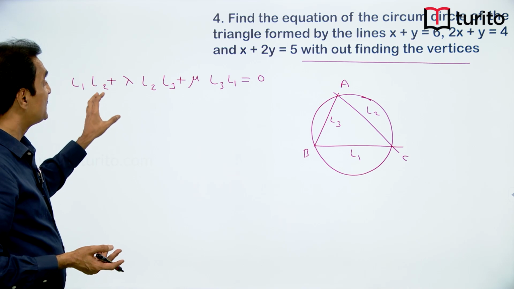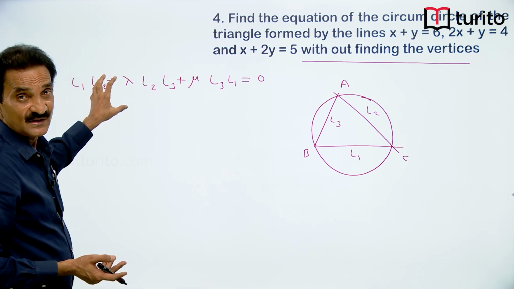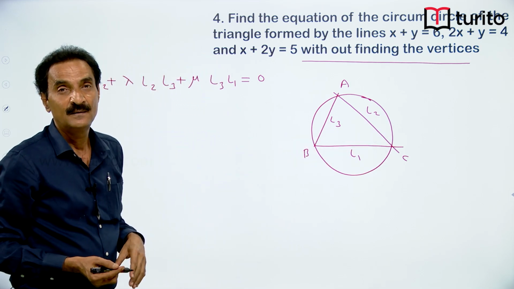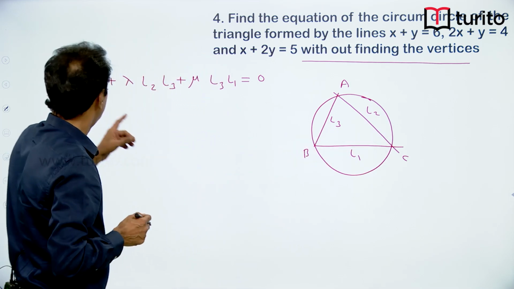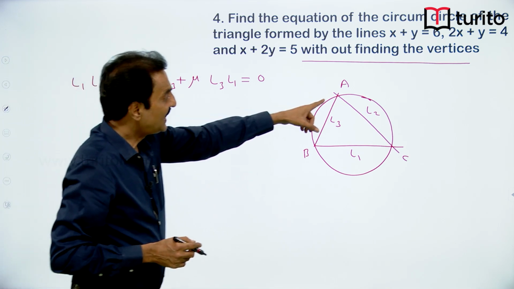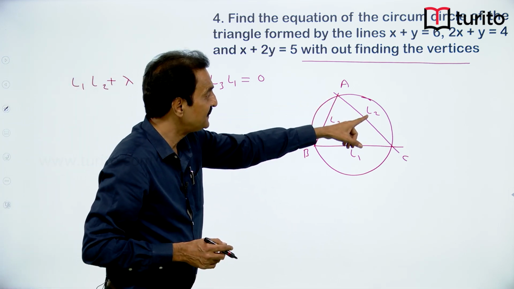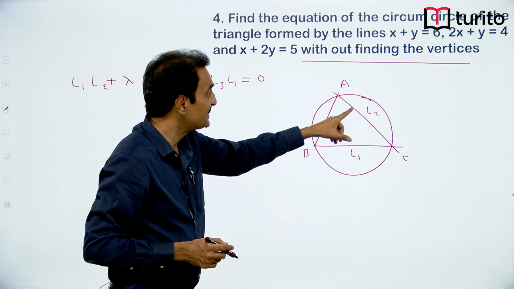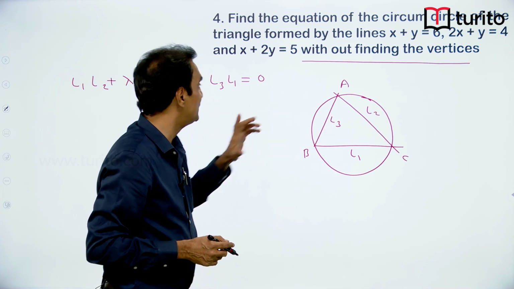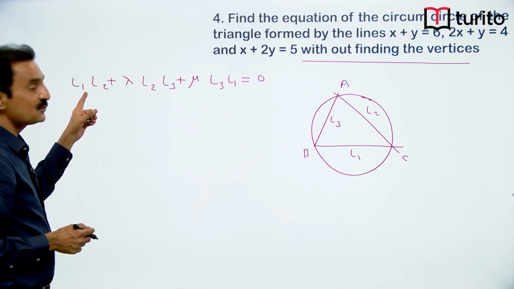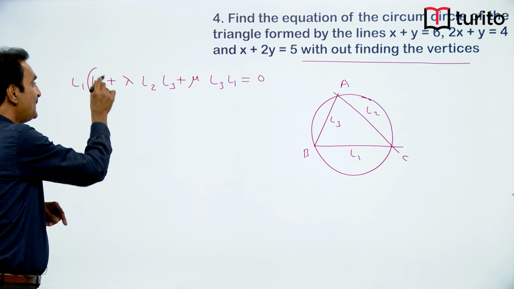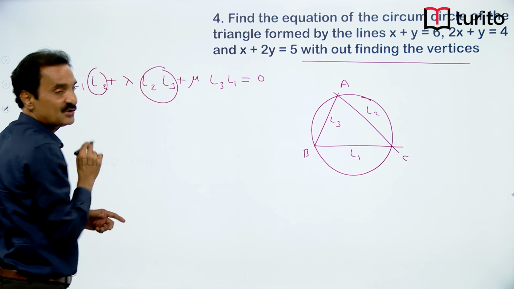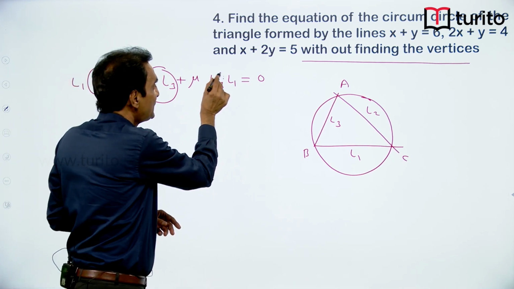But we can say that this curve, whatever it is, definitely passes through all 3 points. How can you say? First, A is the point of intersection of L2 and L3. Now, A satisfies L2 and L3. So, if we substitute A, this L2 will be 0, so the first term is 0. Here L3 is 0.